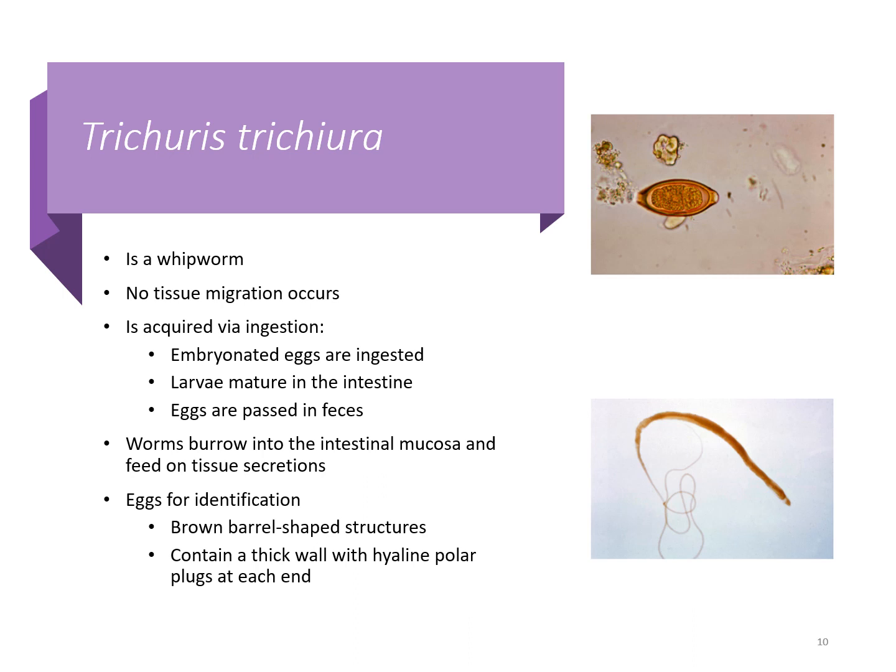But the worm itself can burrow inside of the intestinal mucosa, and feed off of those secretions there. Patient can be asymptomatic, but it can present with ulcerative colitis, of course, from where it is burrowing into that intestinal wall.